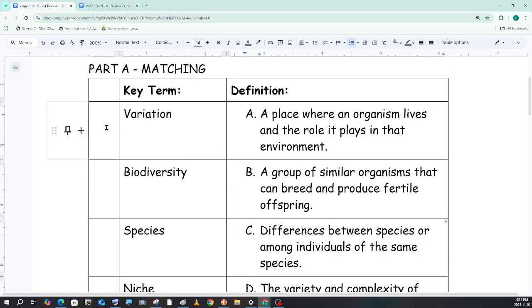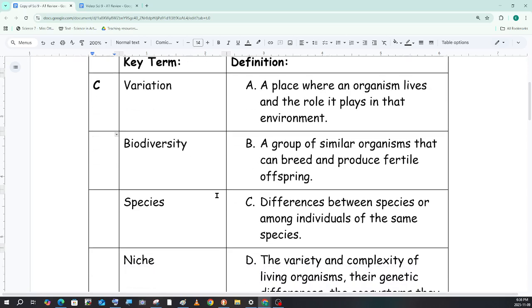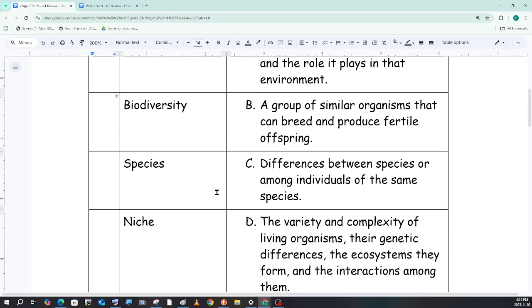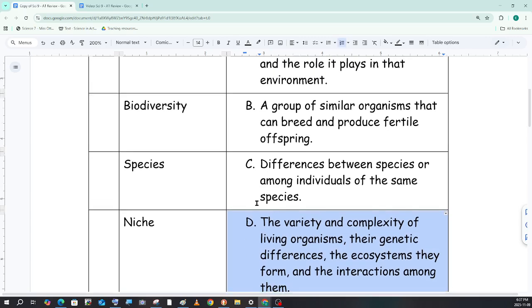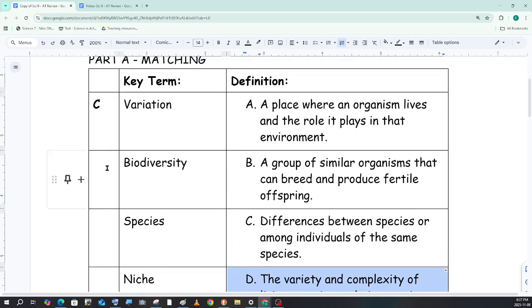So the answer to that one is C. Next up is biodiversity. Biodiversity is definition D, the variety and complexity of living organisms, their genetic differences, the ecosystems they form, and the interactions among them. So that would be D.